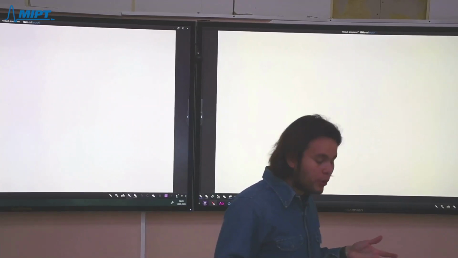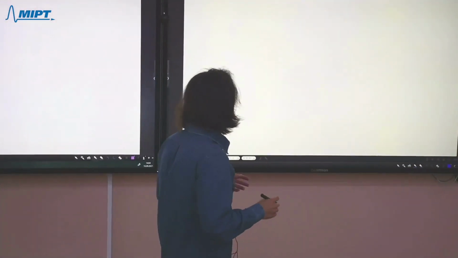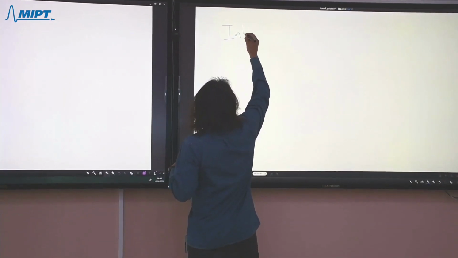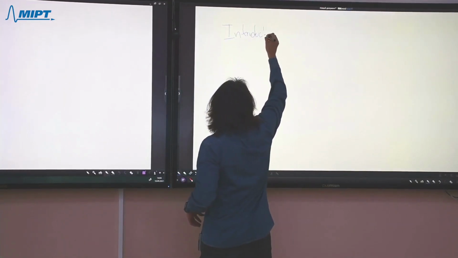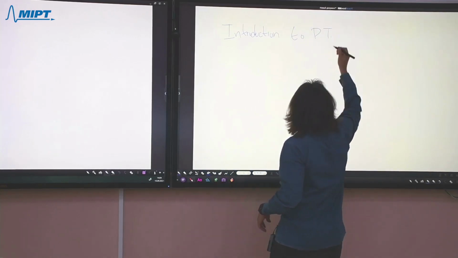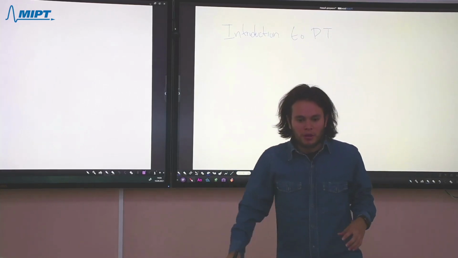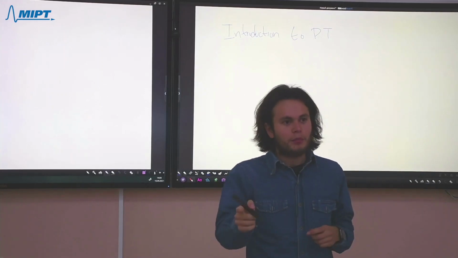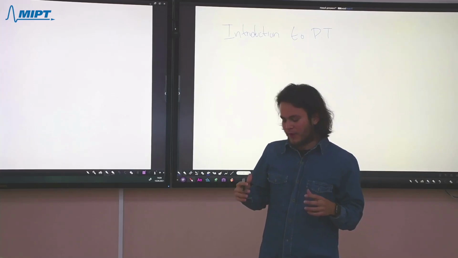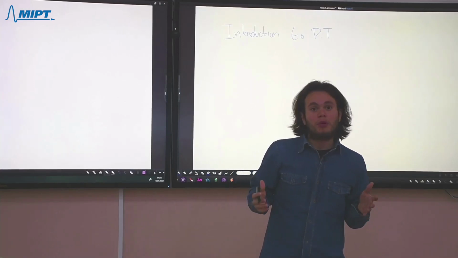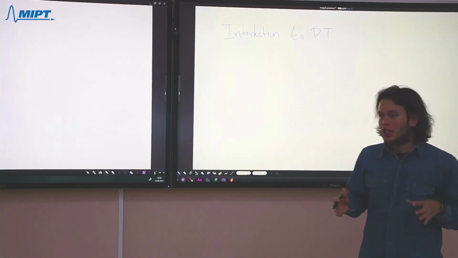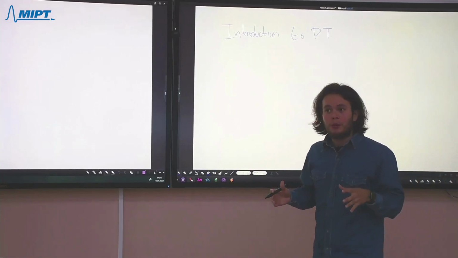Actually, there's a book here in English. It's called Introduction to Probability Theory, I think. I don't remember the author, but you can get that book from the library. The topics in that book are basic, so you are not going to get really theoretical things from there, but it's very useful.